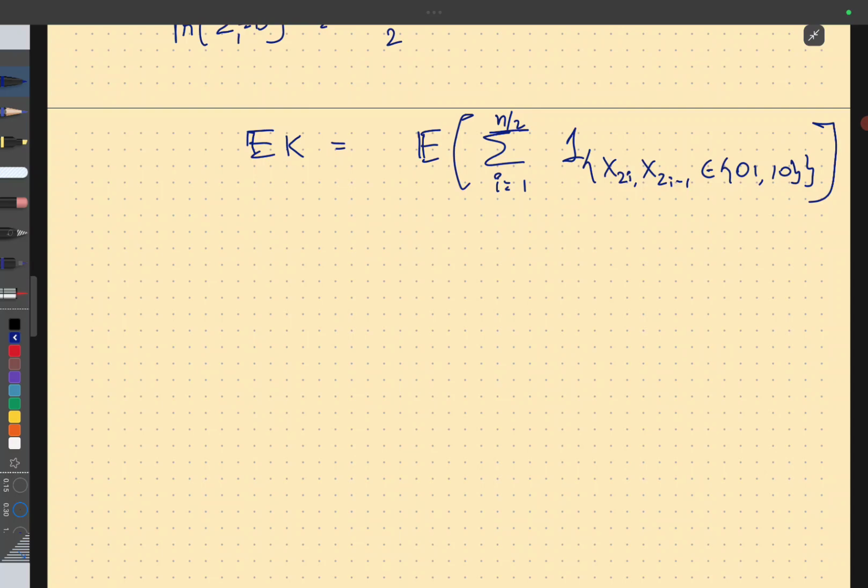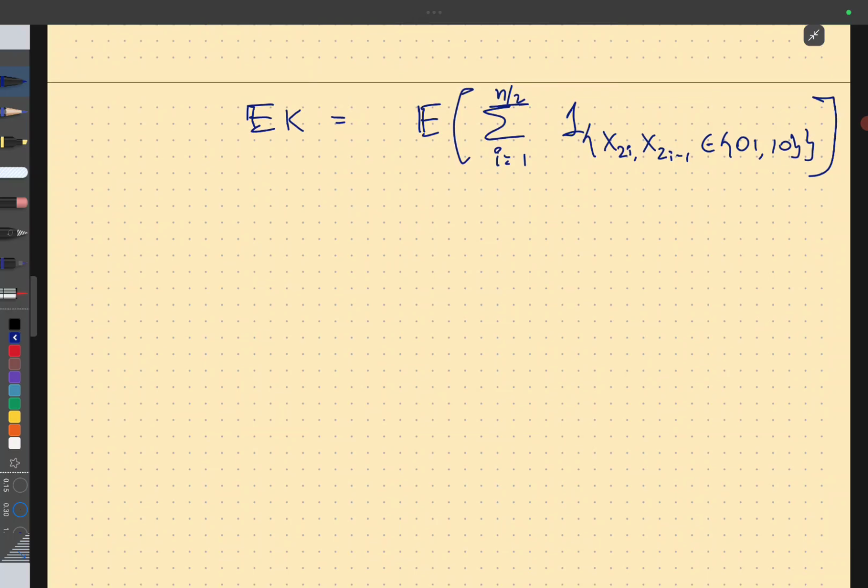No, I reframed the question to say that I give you n Bernoulli p flips. Using this, I want to know what is the expected number of Bernoulli half random variables that I can generate. And this is basically for every pair. If it's either 0, 1 or 1, 0, I get one Bernoulli half flip. If it is 0, 0 or 1, 1, then I get nothing.